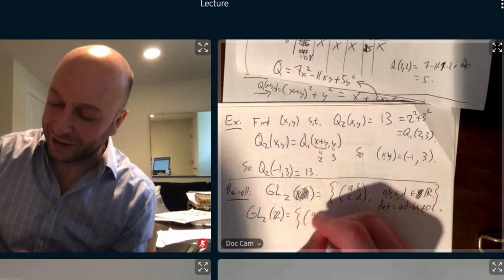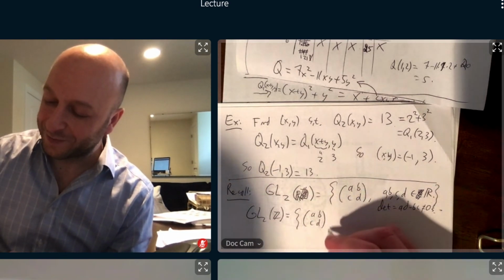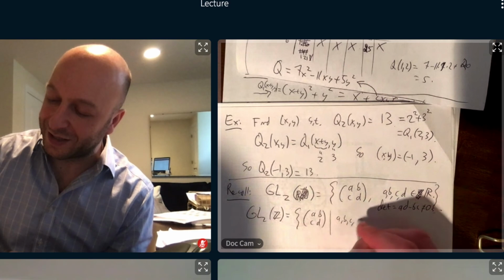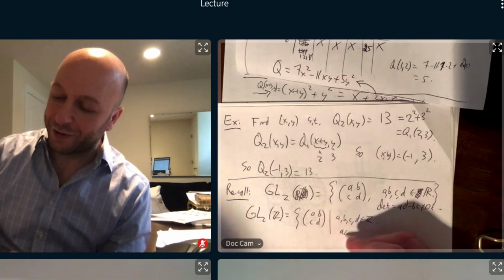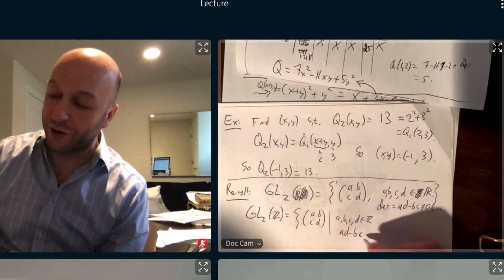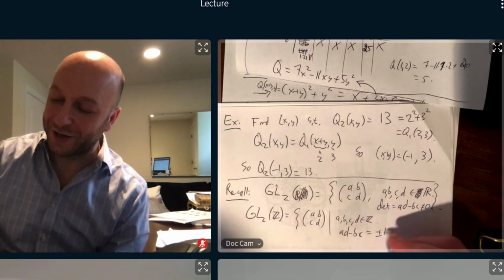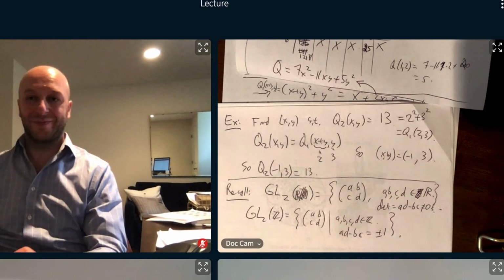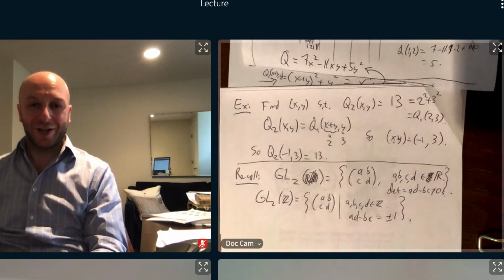I'm running a little out of time, so let me say this quickly. So this is now with A, B, C, D in the integers, and then in order to be invertible, the determinant has to be an invertible integer. And the units in the integers are plus or minus 1. Okay?